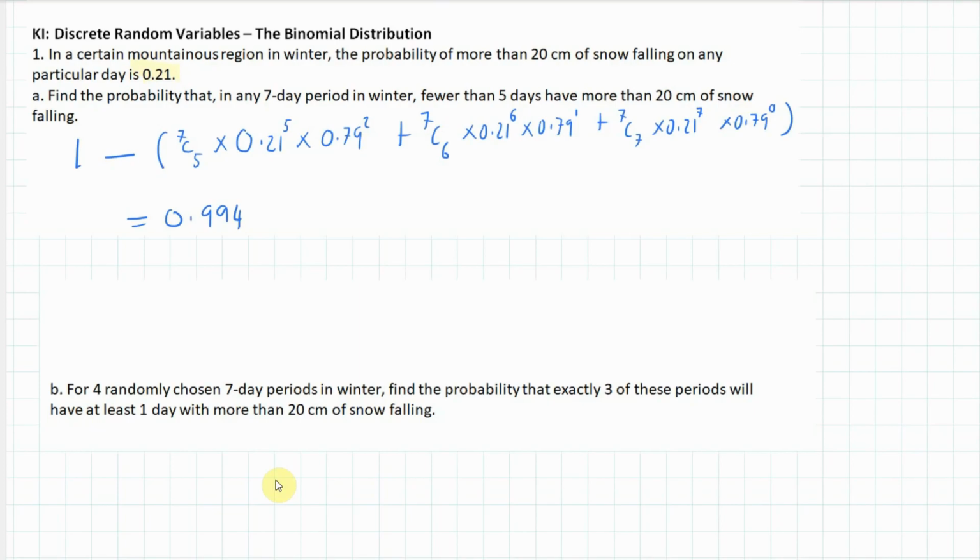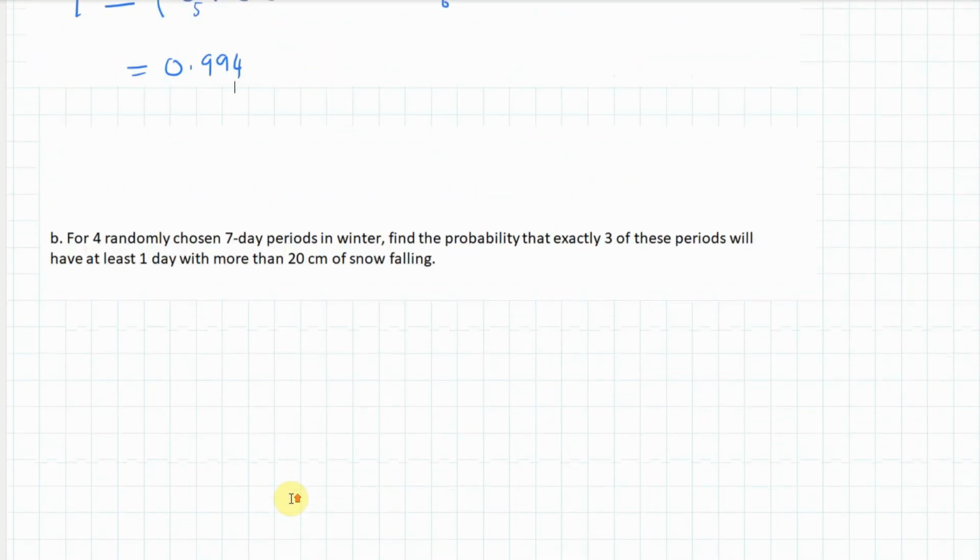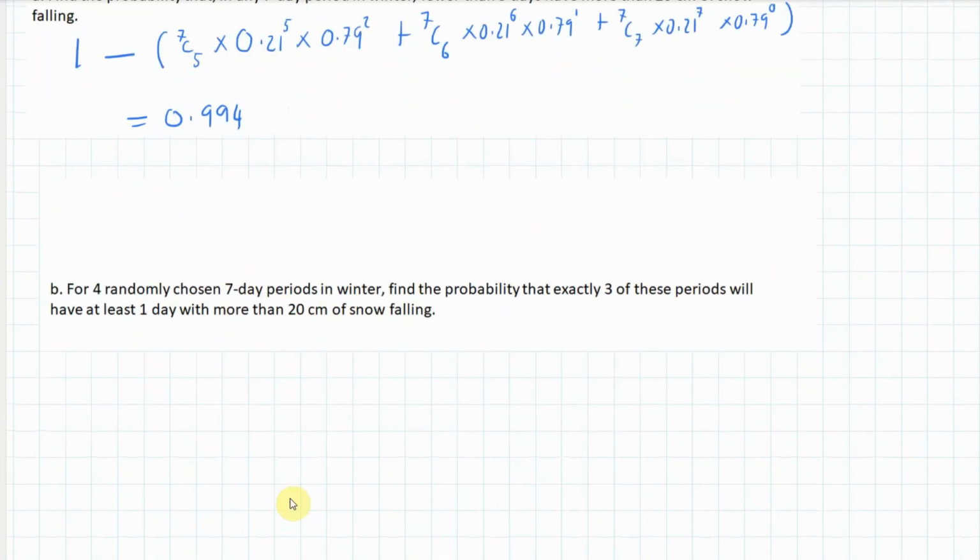Okie dokie. Now the last one: for 4 randomly chosen 7-day periods in winter, find the probability that exactly 3 of those periods will have at least 1 day with more than 20 centimeters of snow falling. Okay, so let's first of all find the probability of at least 1 day of more than 20 centimeters of snow falling. So to find that we go 1, take away the chance of 0 days having more than 20 centimeters of snow falling.